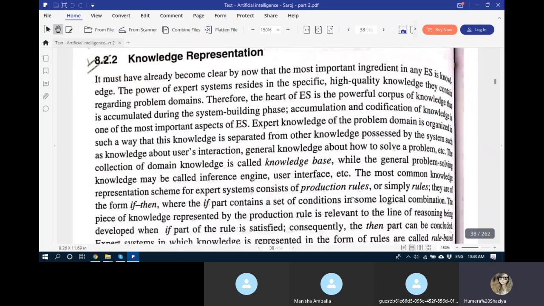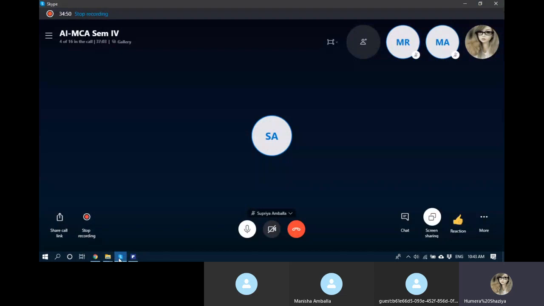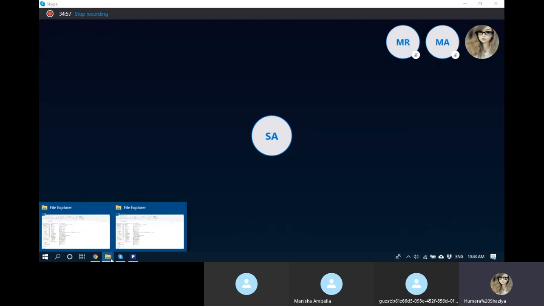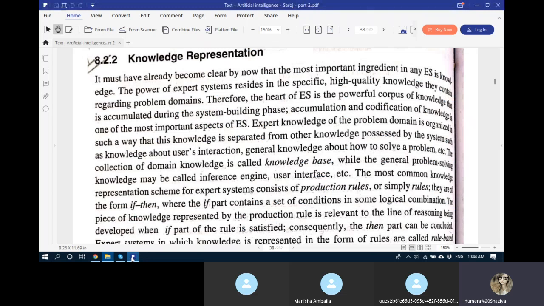The next concept is knowledge representation. Once the knowledge engineer gets all the knowledge from the domain expert, what does the knowledge engineer have to do?